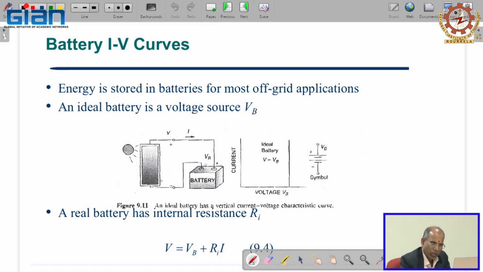So this voltage, the PV panel voltage V, will be equal to VB plus I into Ri. Ri is the internal resistance of the battery. So you can see that the IV characteristic of the battery is, theoretically, sort of a straight line.